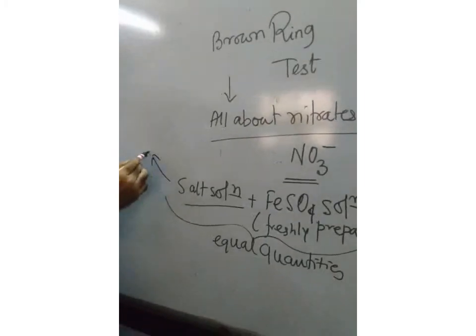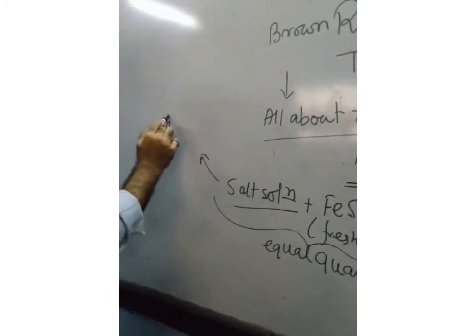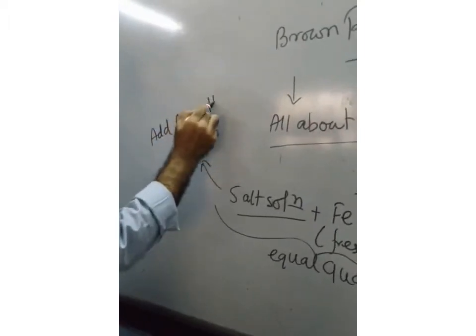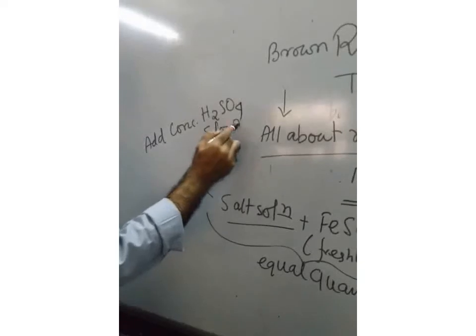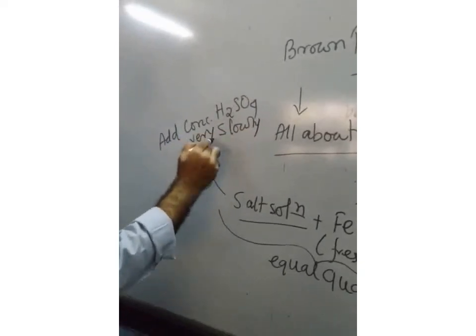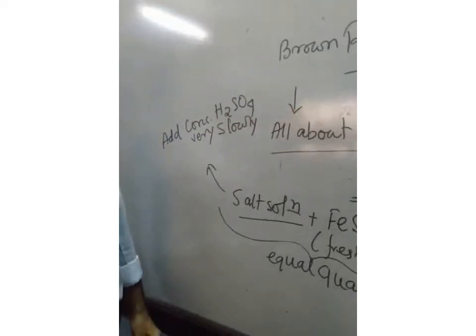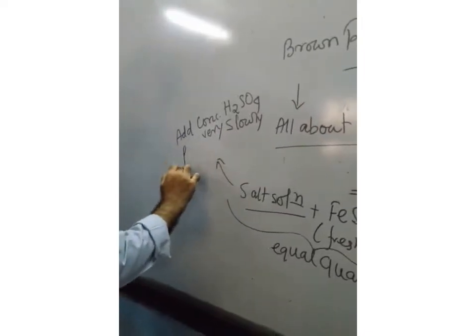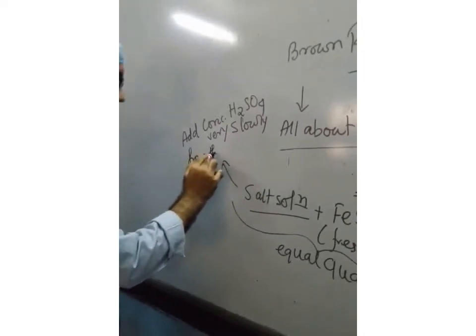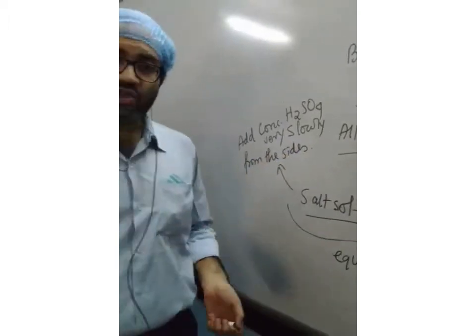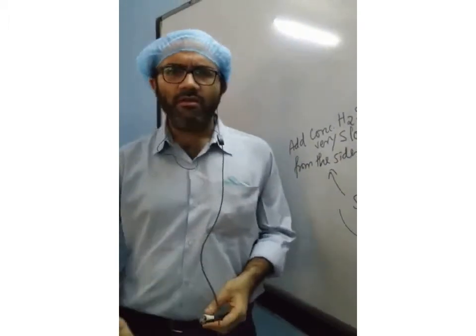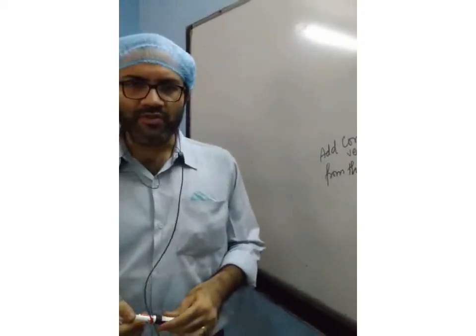Then what are we going to do? We are going to add concentrated H2SO4 very slowly, from the sides of the test tube or the container, whichever apparatus you're using to carry out this experiment.